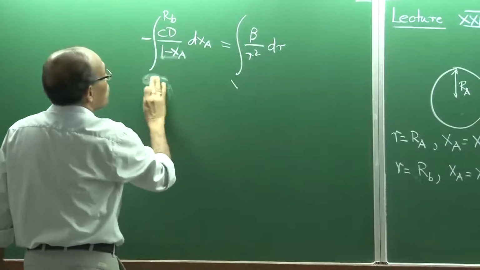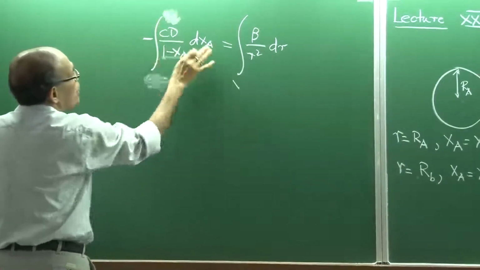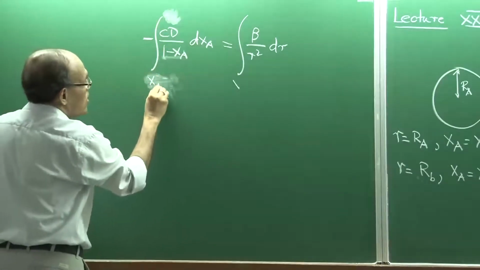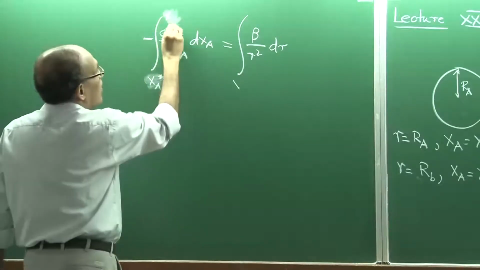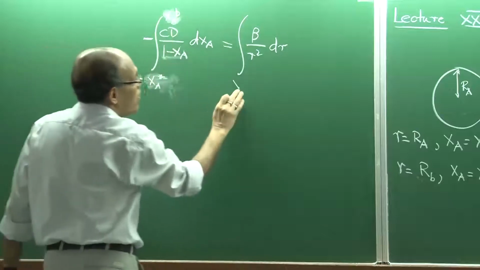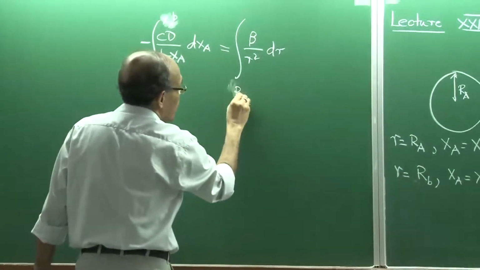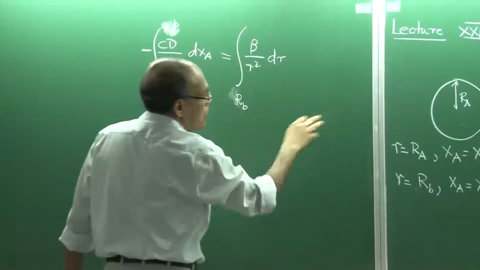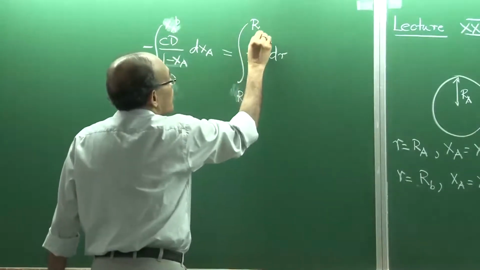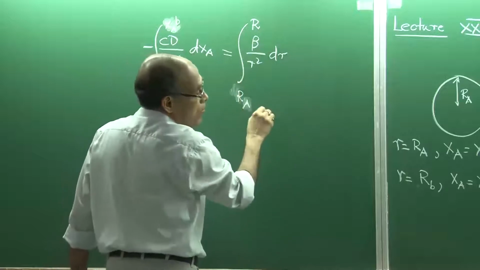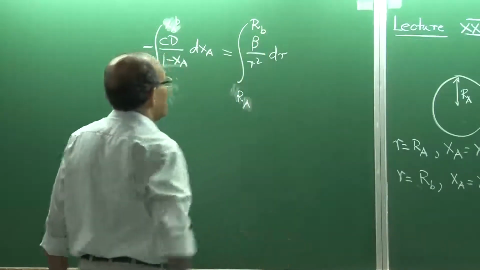Sorry, this should be in terms of x, so I will write x_A star, and this should be x_A bulk, and this should be capital R_B. No, this is R_A, and then this is going to be capital R_B. That's what it is.